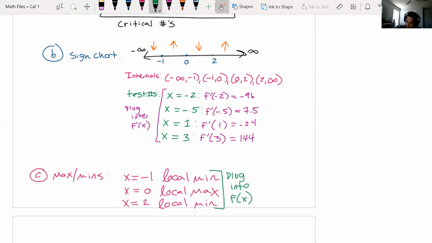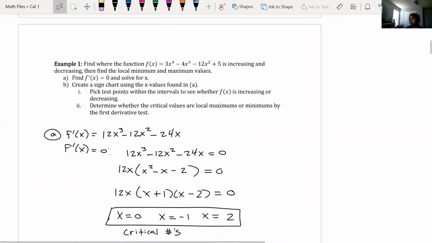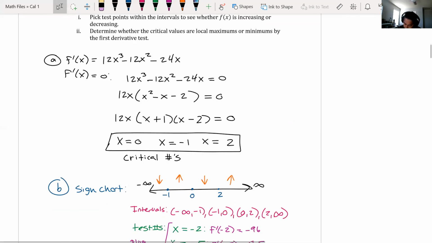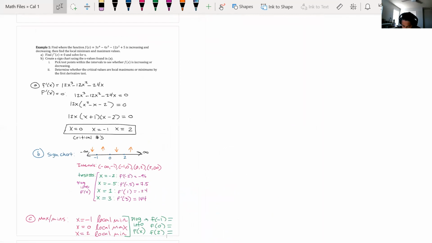So you'll have f of -1, f of 0, and f of 2. And now you have to plug these into the original function. All right, so I could use Desmos, or actually, maybe not. Let me see, -1, 0, and 2.